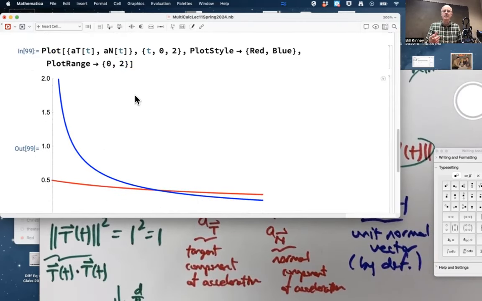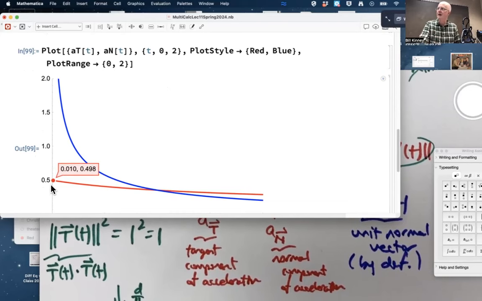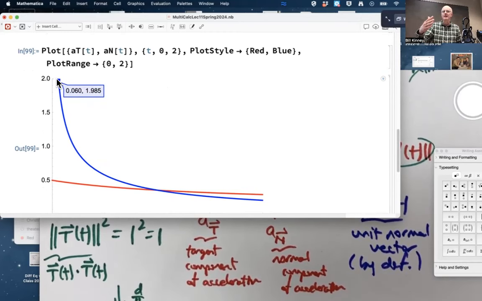At the start, the acceleration is made up of the red graph times the unit tangent vector, plus the blue graph times the unit normal vector. The total acceleration vector is very long when t is close to 0, because that blue graph's so high, it's got a vertical asymptote. And most of the acceleration is in the normal component, perpendicular to the curve.